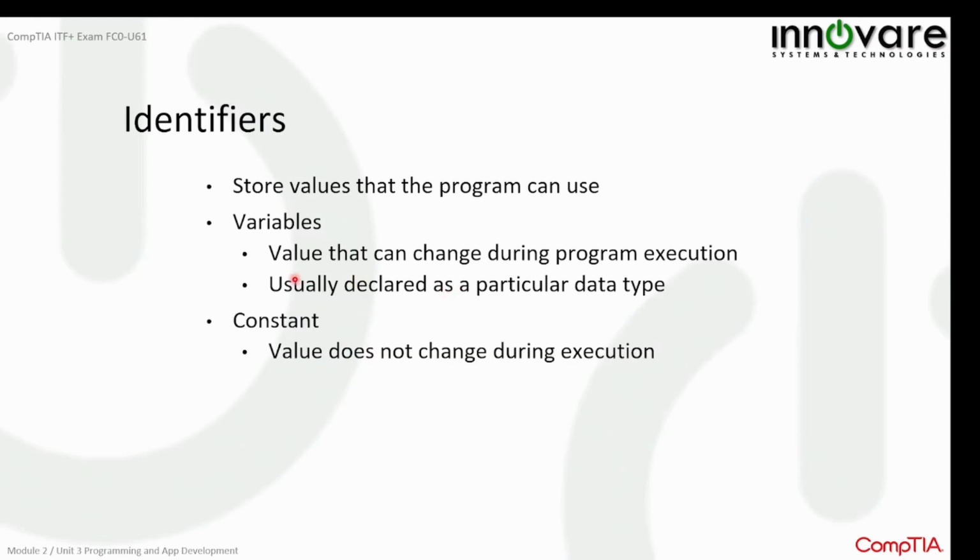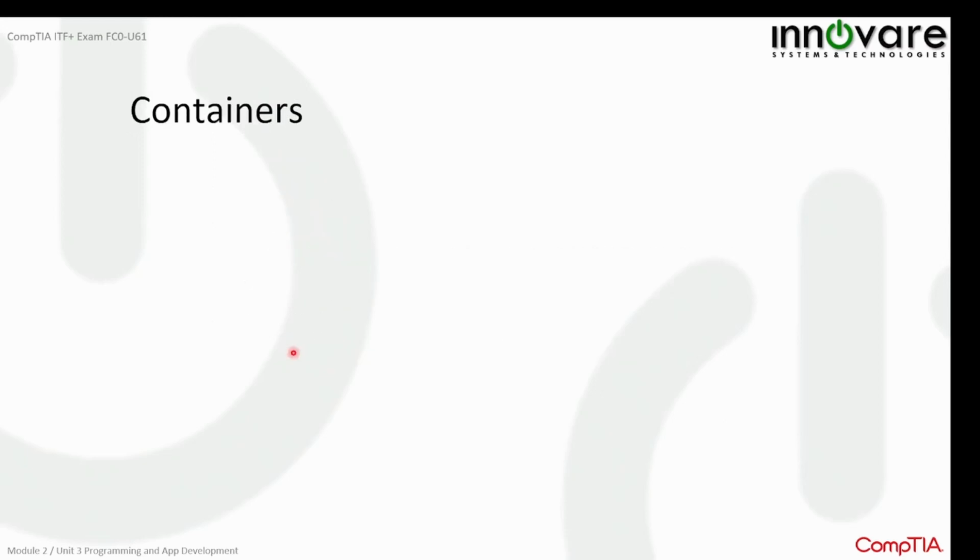And then meron din tinatawag na constant, that this value is always the same regardless of what kind of execution or coding. It doesn't change. So identifiers is either a variable or a constant. And then, meron din tinatawag na containers sa programming.